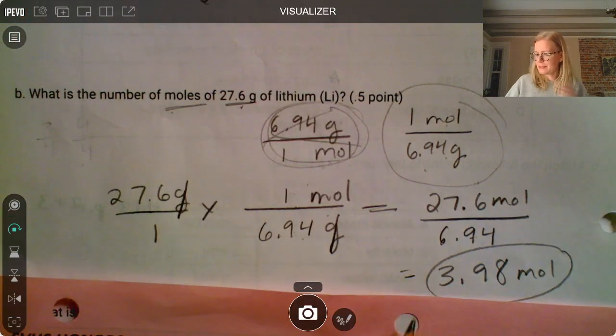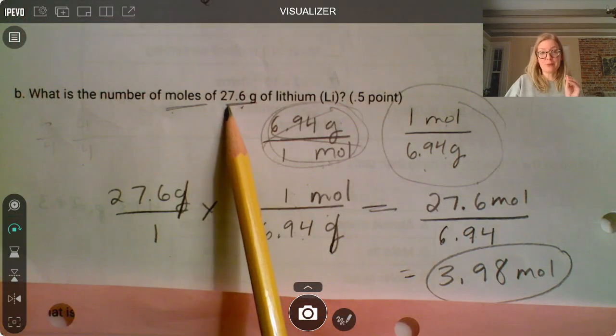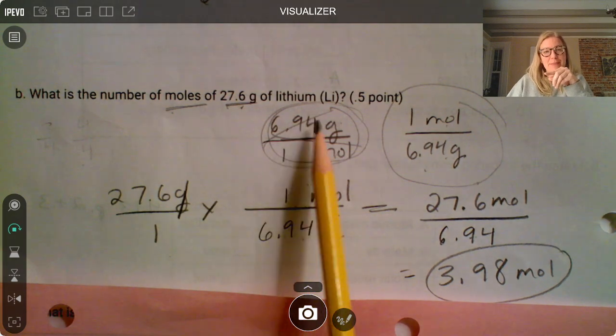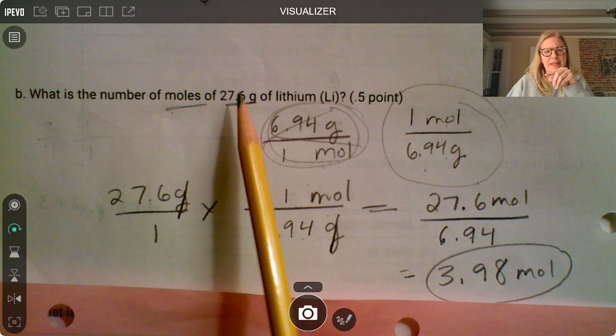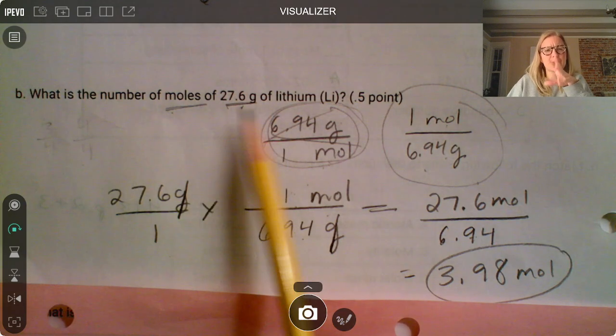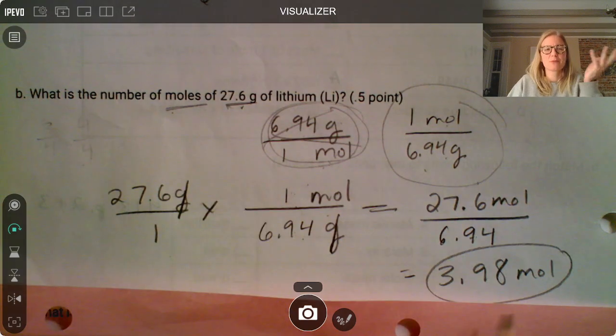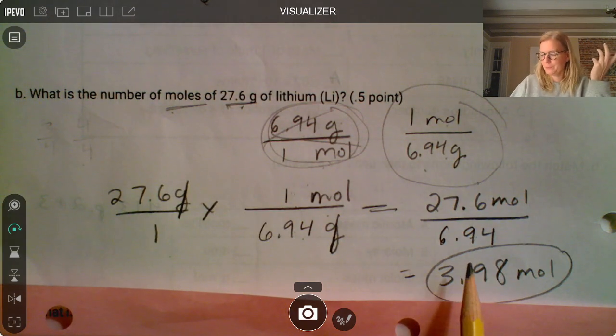So let's see if this makes sense. We have 27.6 grams. And we know that 1 mole is 6.94 grams, okay? So if 1 mole is 6.94 grams, that means this is more than a mole, right? And more than 2 moles. Around 3 or 4 moles sounds about right in terms of how many of this can fit in this. So 3.98 is a reasonable answer, okay?